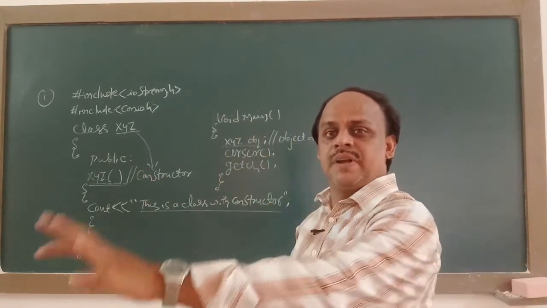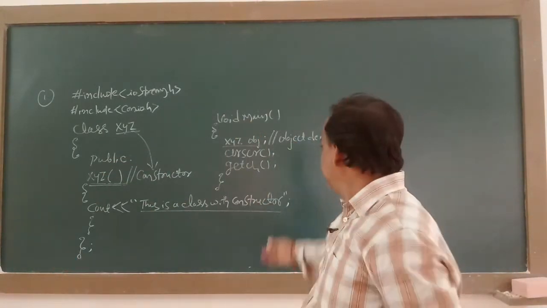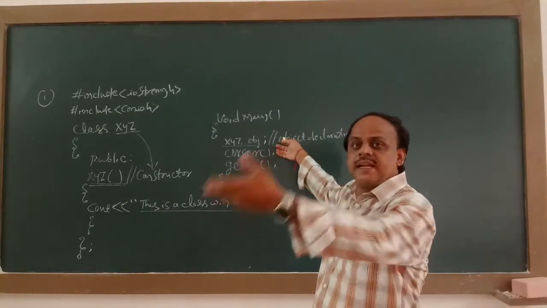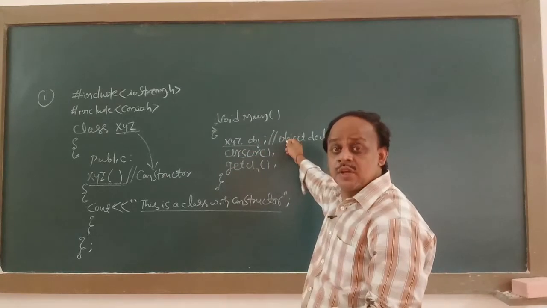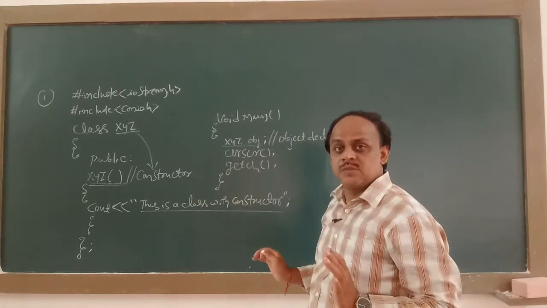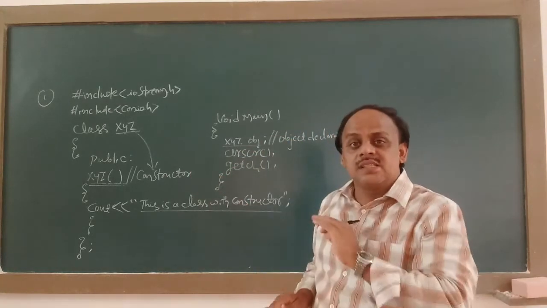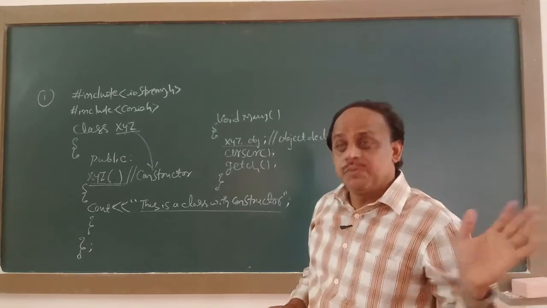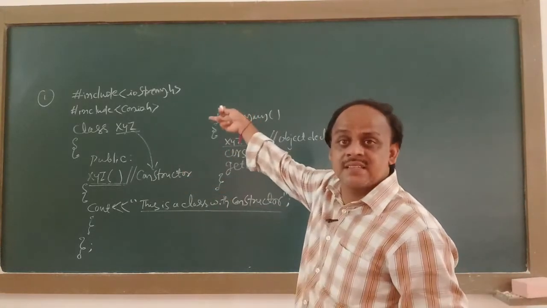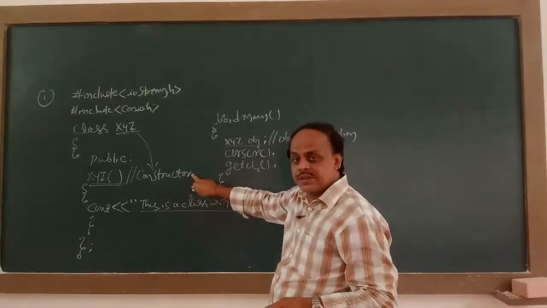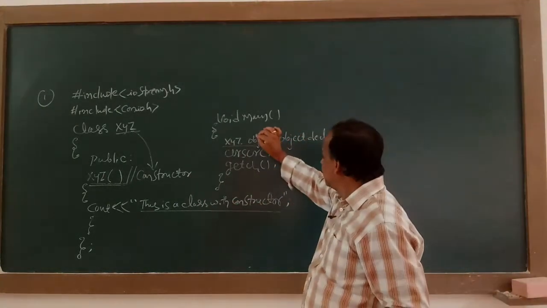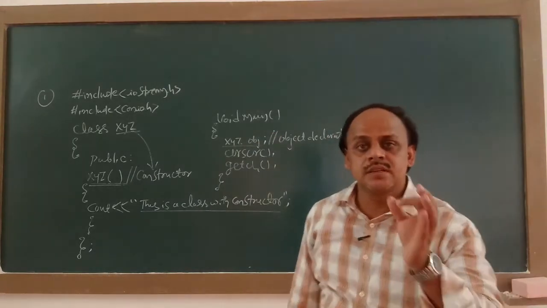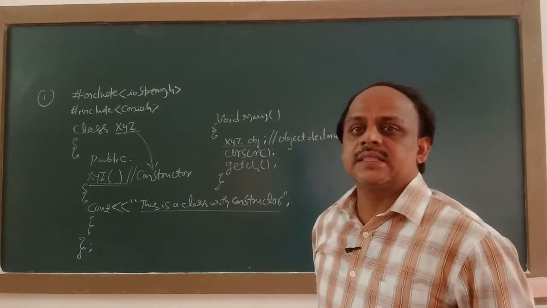Object dot member function, which we write in the main function. For example, object dot XYZ function. But we are not using it like this, because XYZ is not just a member function. Because its name is the same as the class name, it is a constructor. Therefore, it is executed automatically when we create an object for the class.